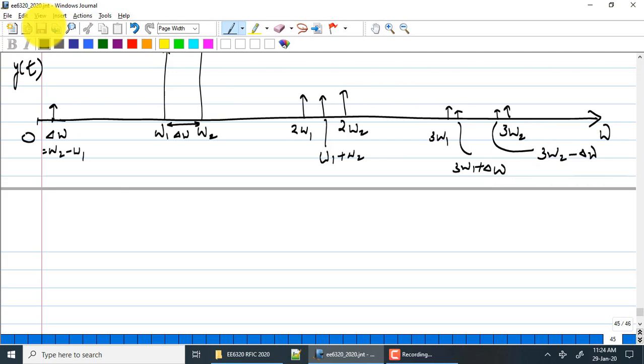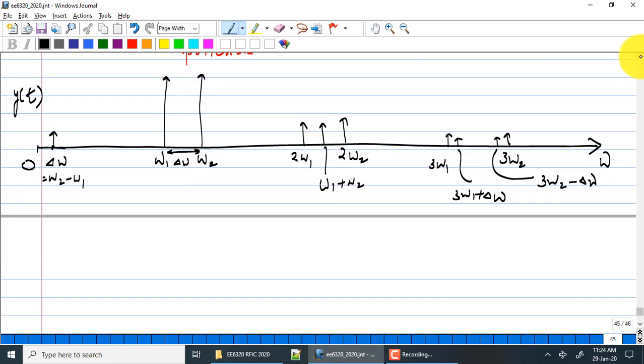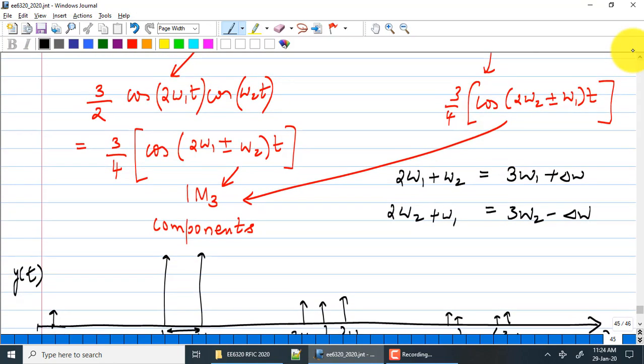So you have 3 omega 1 plus delta omega and 3 omega 2 minus delta omega. And finally, you have 2 omega 1 minus omega 2 and 2 omega 2 minus omega 1.